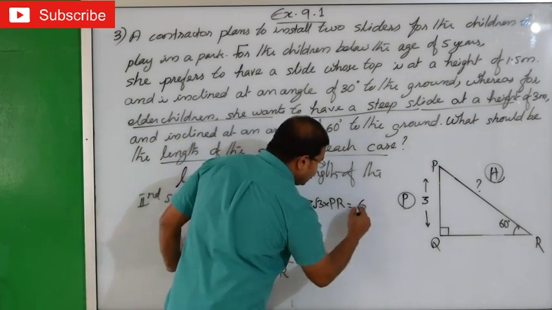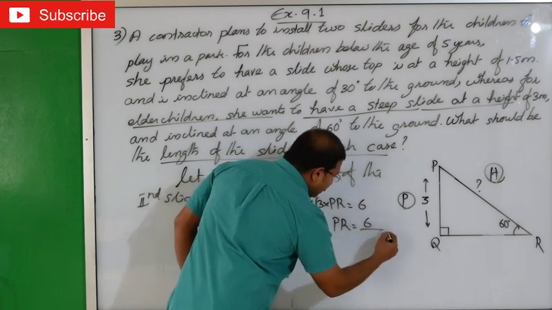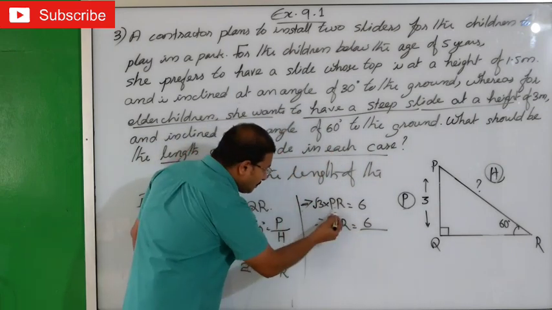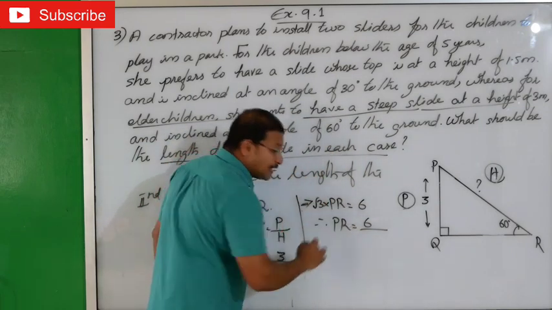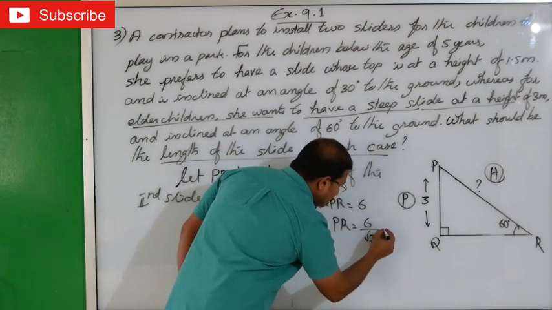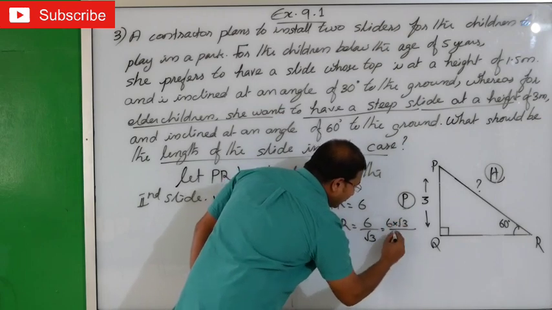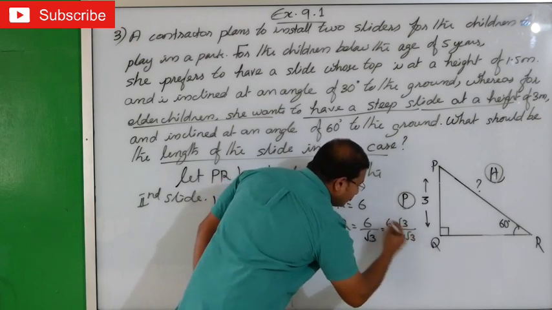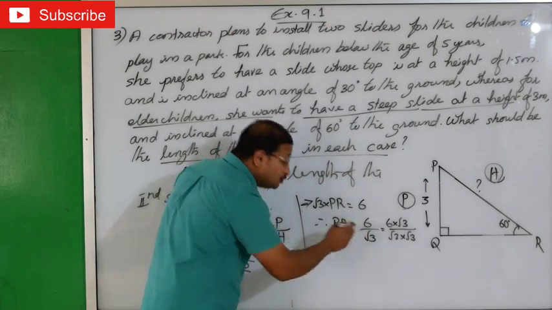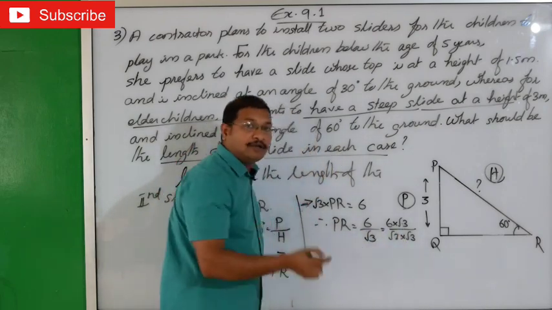2 3s are 6. Therefore, PR equals 6 divided by root 3. Equals, what will we do now? 6 into root 3 divided by root 3 into root 3. Why? Because to remove the denominator root 3, we have to multiply numerator and denominator by root 3.